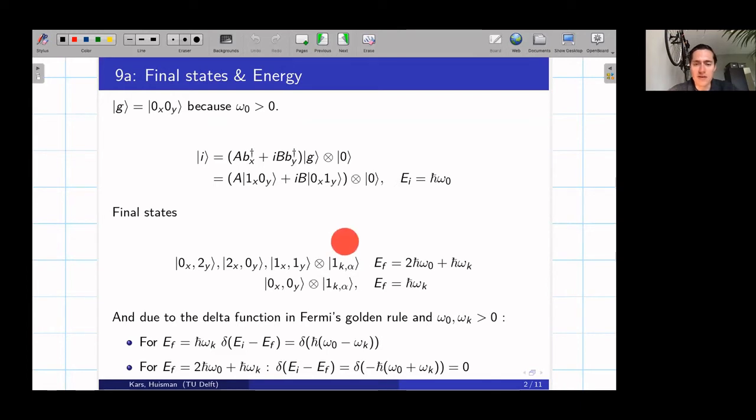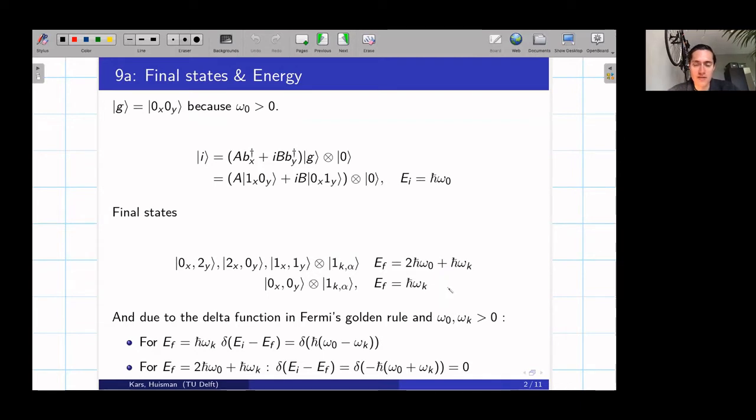You can also have a vacuum state here for the boson bath, and you can also have this state, which is again just the vacuum state, and then one photon in the boson bath, and it has energy h bar omega k. Okay, but due to the delta function in Fermi's golden rule, only this state is allowed.